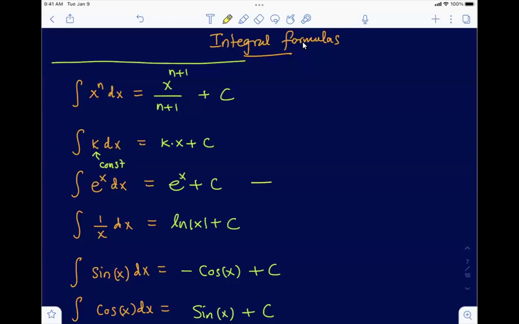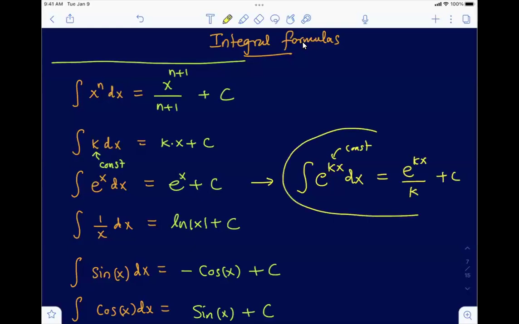And this can be generalized with a very simple observation. If you have e to the kx, where k is a constant, the answer will be e to the kx divided by k plus c, and this can be verified in multiple ways. One simple observation is to just look at this and take the derivative.